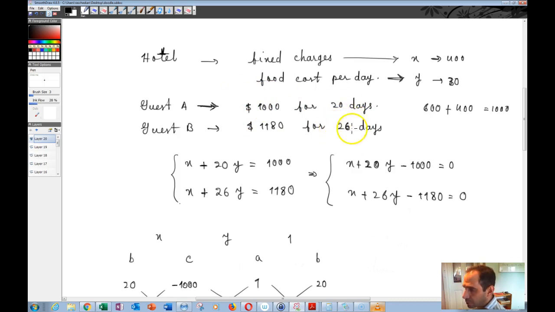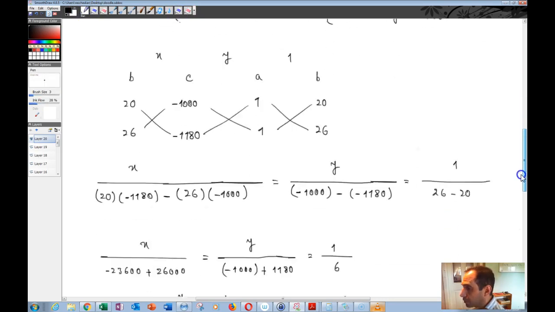Or if you remain for 26 days, that would be 26 times 30, so 3 times 6 is 18, which gives 780, plus 400 fixed charges is equal to 1,180, which is this charge over here. So that's this example over here.